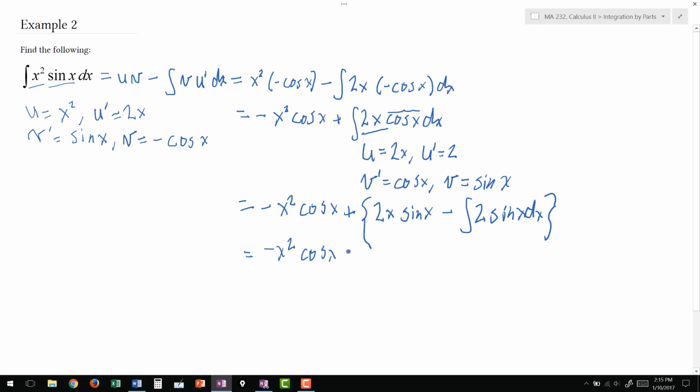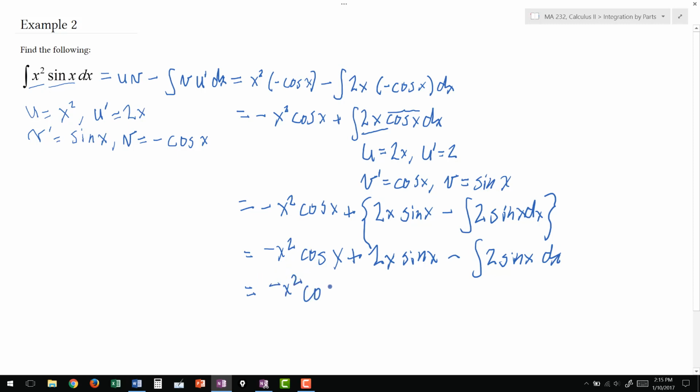So from before, minus x squared cosine x plus 2x sine x minus the integral of 2 sine x dx. So the last thing to do is evaluate the final integral.